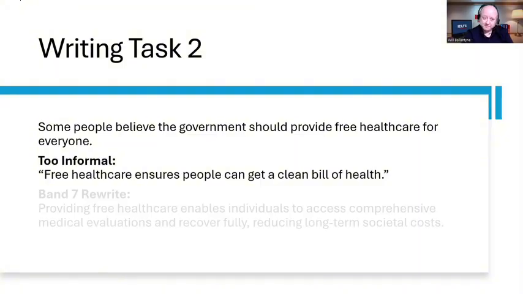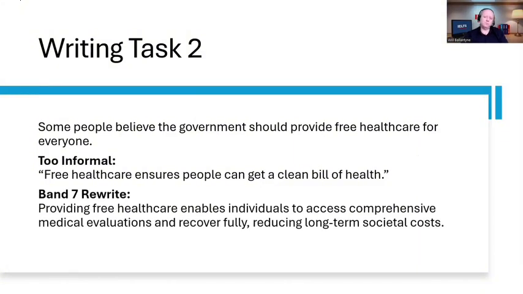Therefore, we have to reformulate into more formal written language. So, providing free healthcare enables individuals to access comprehensive medical evaluations and recover fully, reducing long term societal costs.